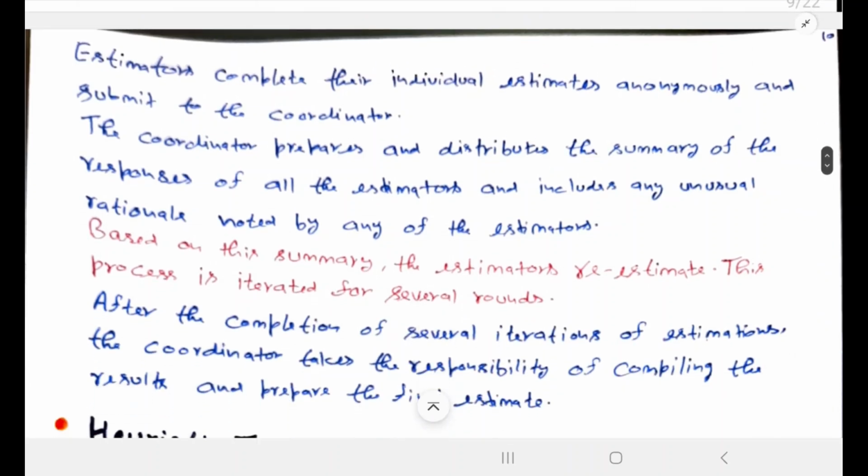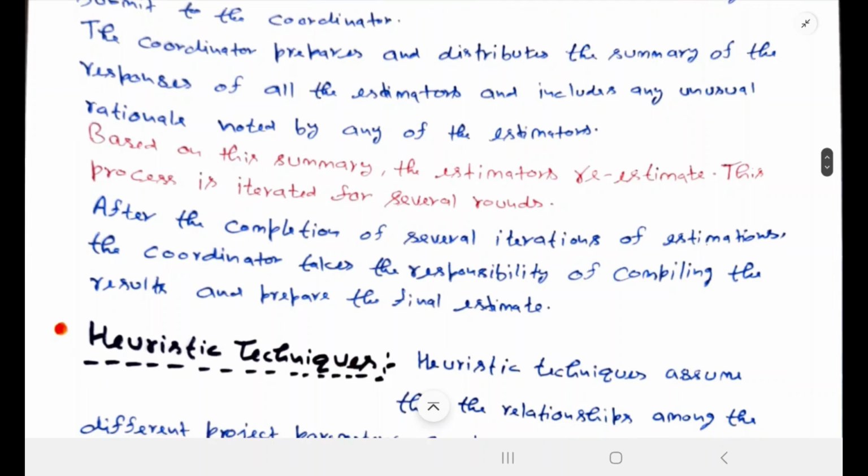Estimators complete their individual estimates anonymously and submit them to the coordinator. The coordinator prepares and distributes a summary of the responses of all the estimators and includes any unusual rationale noted by any of the estimators. Based on this summary, the estimators re-estimate. This process is iterated for several rounds.